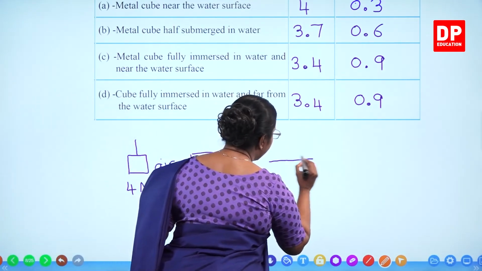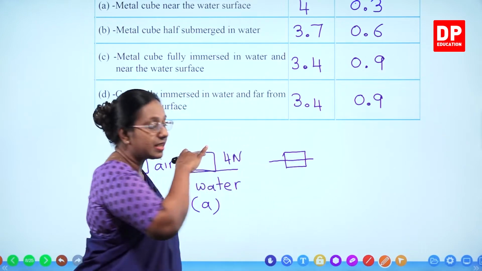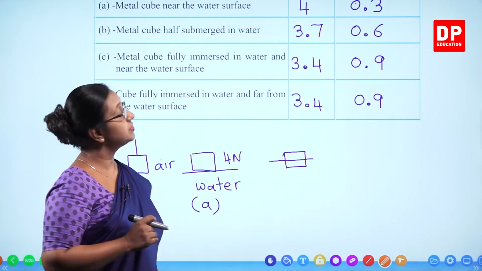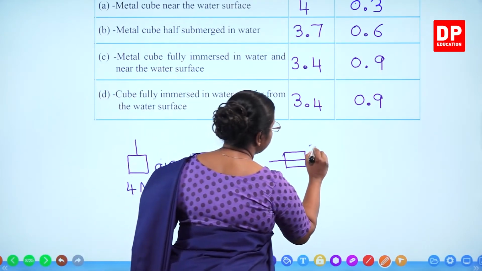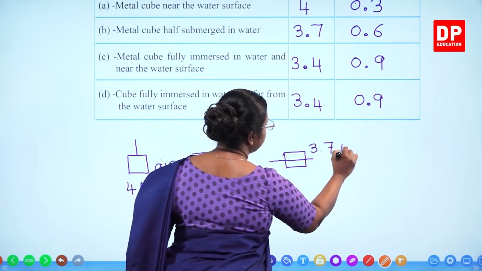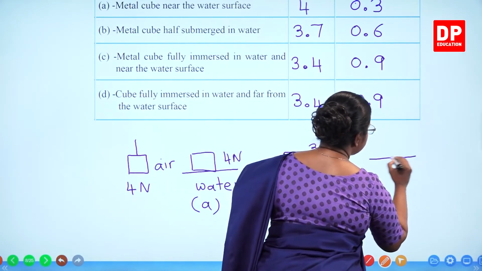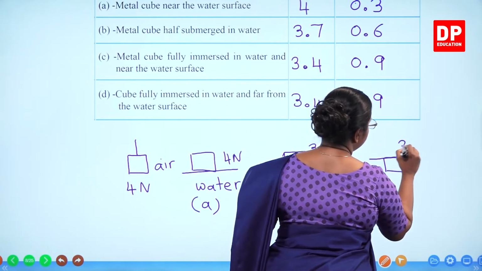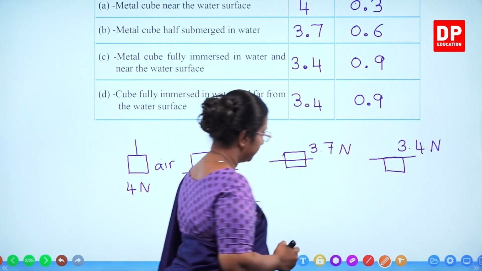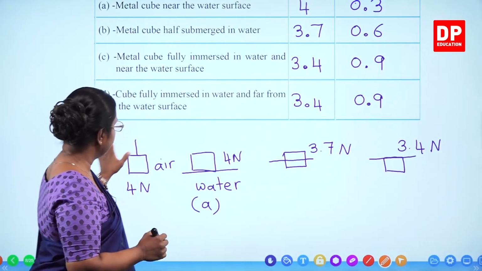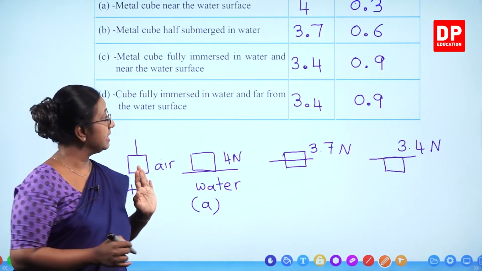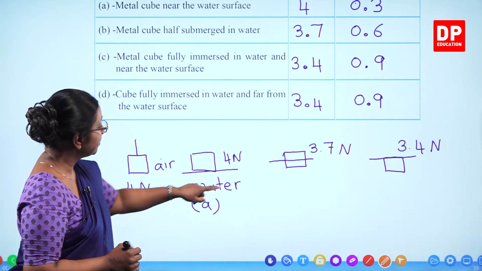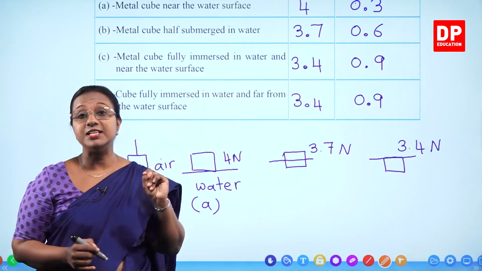But when it was partially immersed, that is half submerged in water, you saw the reading as 3.7 Newton. When it was completely submerged, it became 3.4 Newtons. At the same time, when it was in air, it was only the beaker, and the weight was 0.3 Newtons. Here also, the same weight, 0.3 Newton.